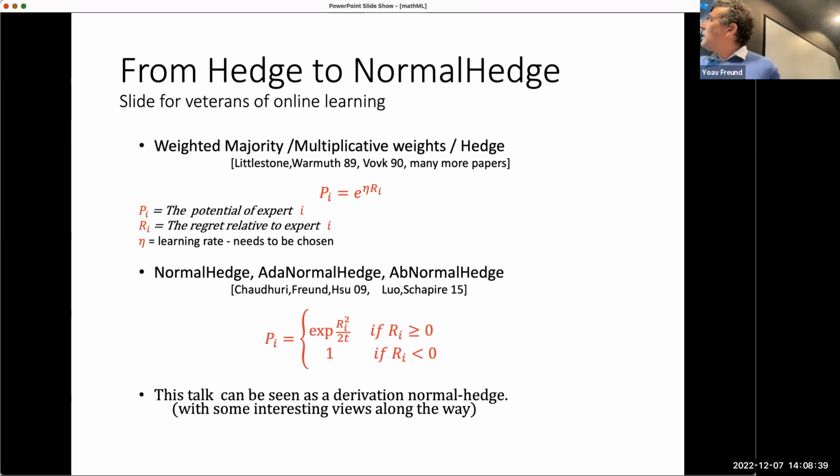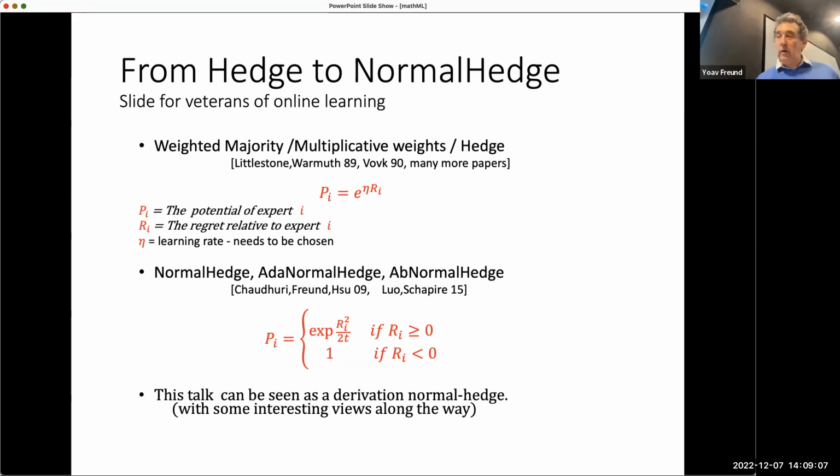We have a paper from '09 with Kamalika and Daniel Hsu, and then more recently a paper by Luo and Schapire that uses this kind of strange weighting. The nice thing about this weighting is that it doesn't have a learning rate. You don't need to set anything.